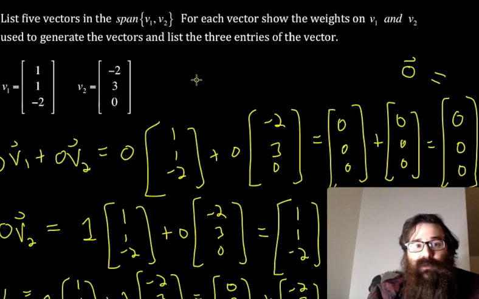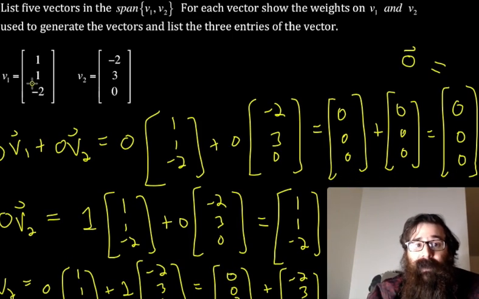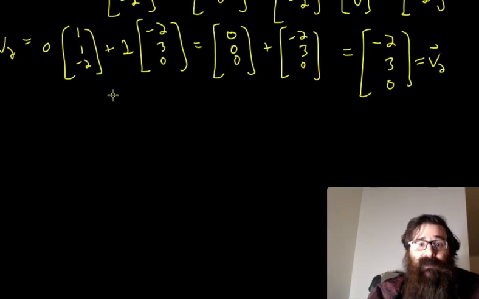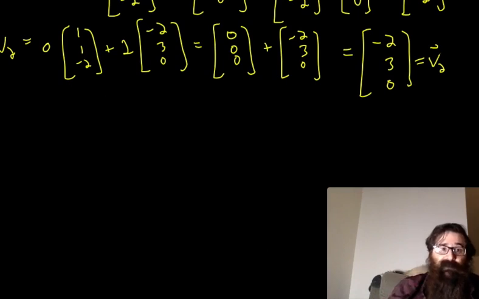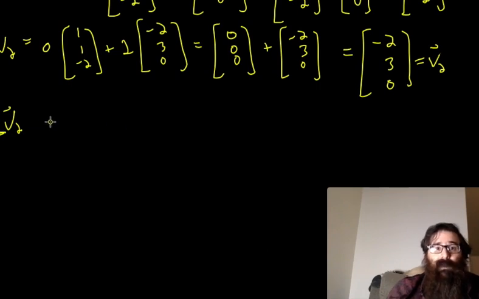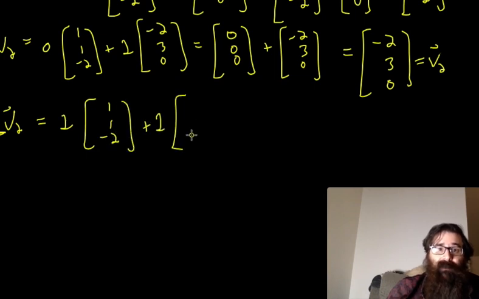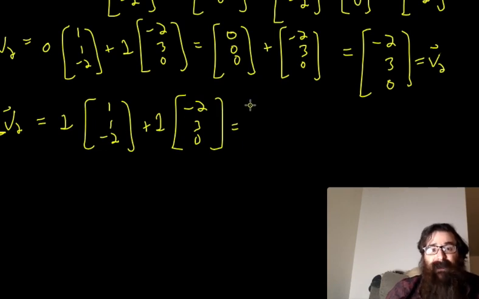But I need 5, so I need 2 more. Another great one to find would just be the sum of the 2 vectors. I could say, well, what about v1 plus v2? Or that's 1v1 plus 1v2. I can do that. So I'm going to get 1 times vector 1, 1, minus 2 plus 1 times vector negative 2, 3, 0 and that's just going to be adding these vectors together.